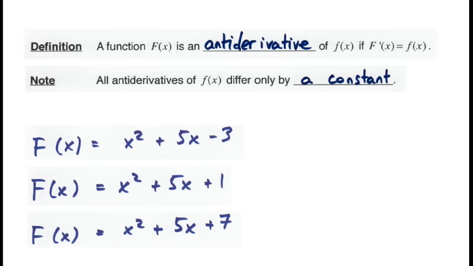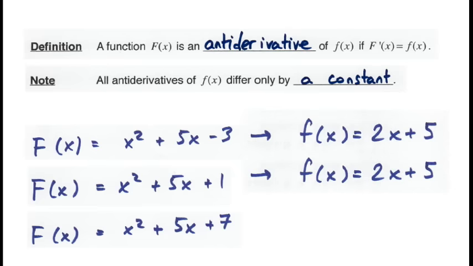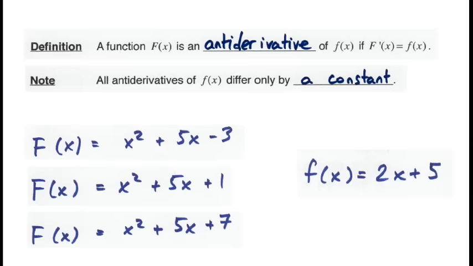If you take f of x equals x squared plus 5x minus 3, or x squared plus 5x plus 1, or x squared plus 5x plus 7, etc., any of these functions has a derivative of 2x plus 5. Therefore, if we're looking for the antiderivative of 2x plus 5, we don't know which one was the original capital F function.